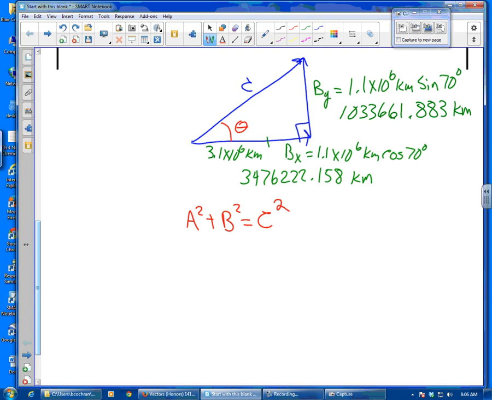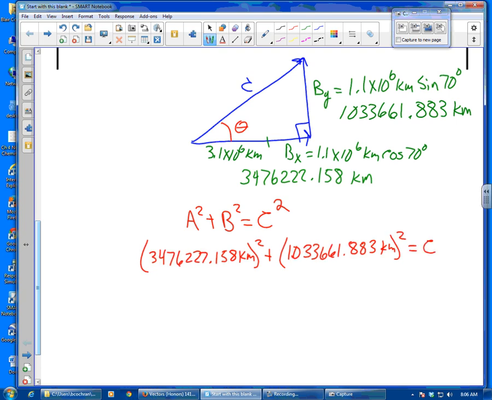So I'm going to do my values. For A, I have 3472222.158 kilometers squared plus 1033661.883 kilometers squared equals c squared.